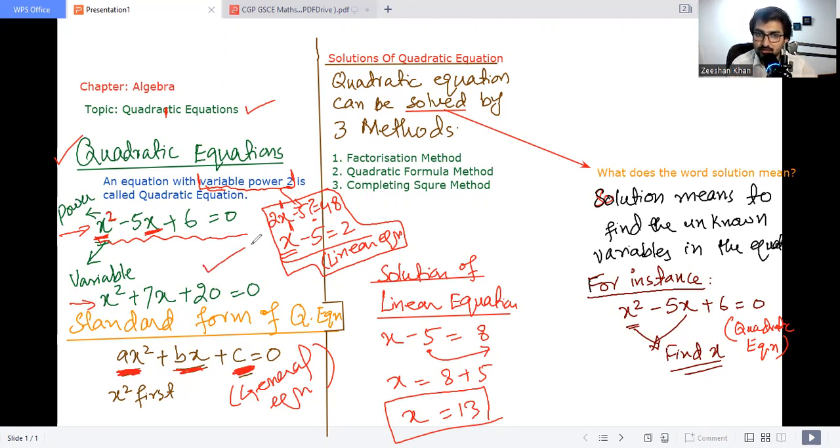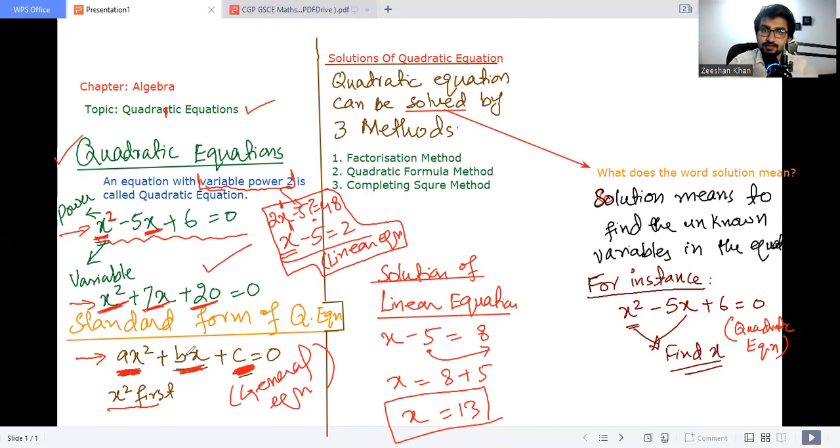For example, you can see in this one, the first is the x squared term, the second is the x term, and the third is a number, a constant. So first would be x squared, then x, and then c. You must write the equation in the standard form before solving it. So first you write the equation in the standard form, and after that you solve it.